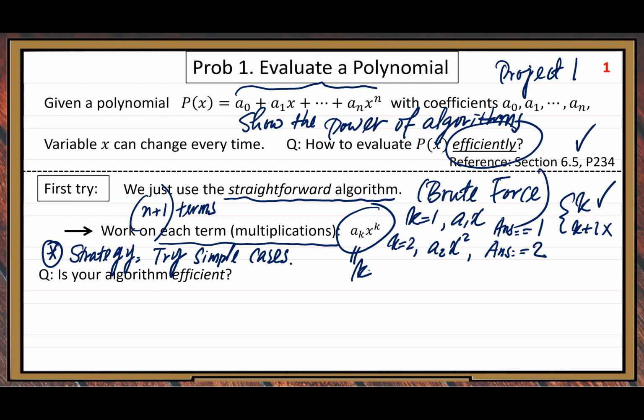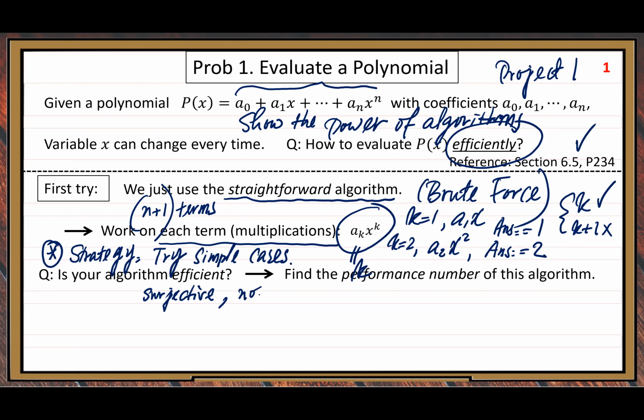But here the question is, if we calculate the polynomial value in this way, do you think your algorithm is efficient? How do you know it is efficient? Because this question is subjective. It is not objective, because in different people's minds, the efficiency of the algorithms will be different.